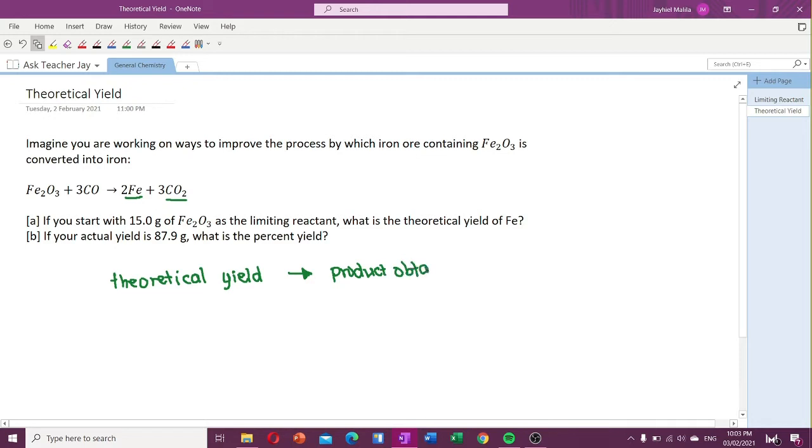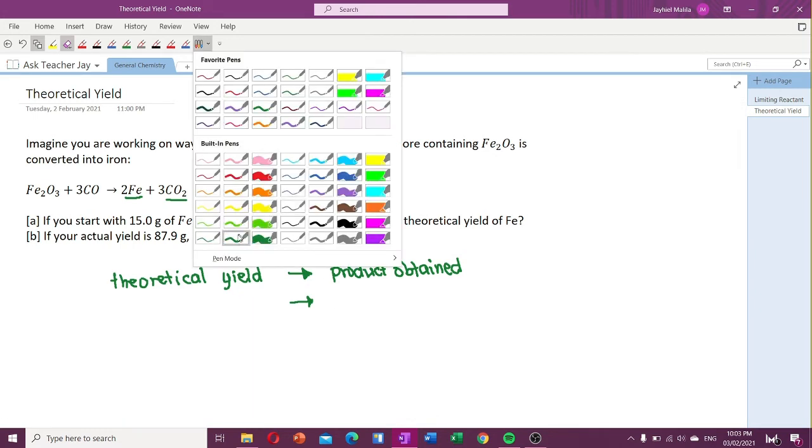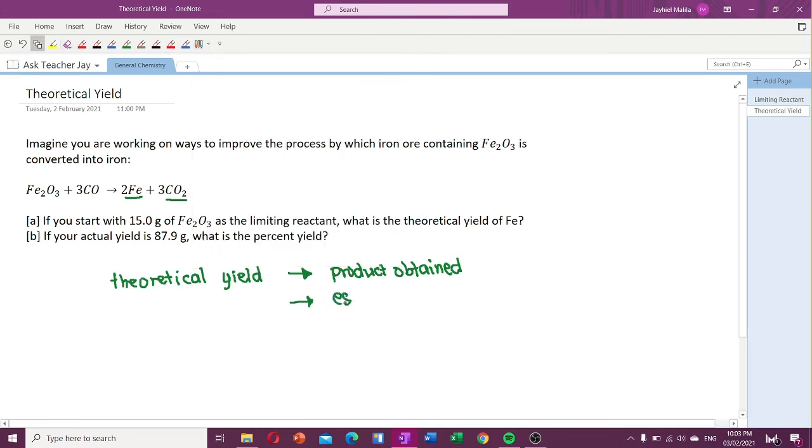The theoretical yield, from the word theoretical, is a calculated value, or I think the right word is estimation from calculations. So it's an estimated value obtained via calculations.